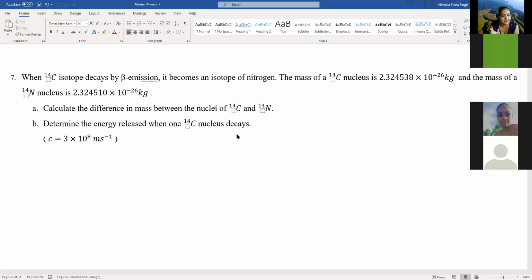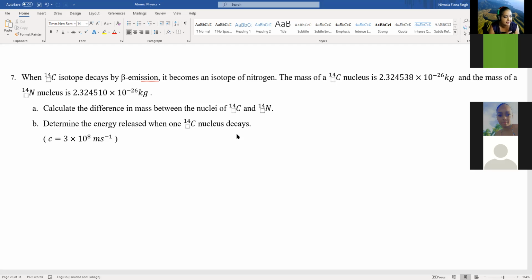The mass of a C14 nucleus is given, and the mass of a nitrogen-14 nucleus is the next number. Calculate the difference in mass of the nuclei C14 to N14. You're just subtracting the smaller number from the bigger number. You're not supposed to get a negative value. Take the big number minus the small number. All right, so just do your subtraction.